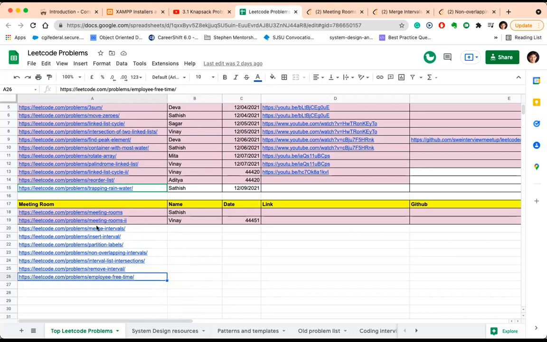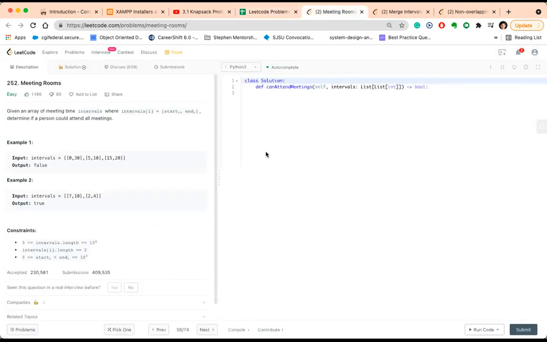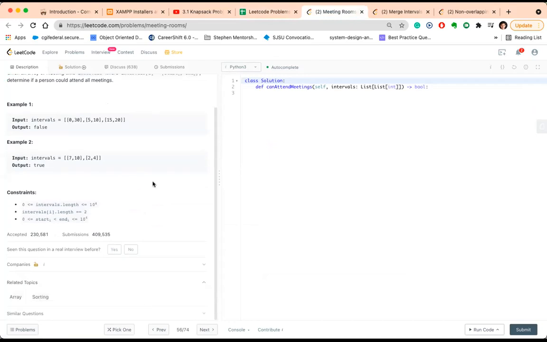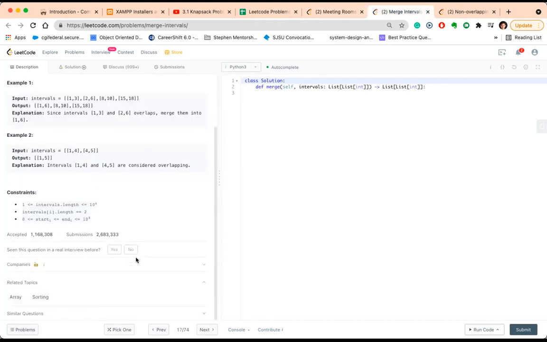So I feel that we should go with the pattern rather than with each and every algorithm. If a particular pattern takes into account some algorithm, we can just cover it, just like greedy. And that's the case here with the meeting room or these interval type problems. For meeting room, it is just sorting. For merge interval, it is just sorting.